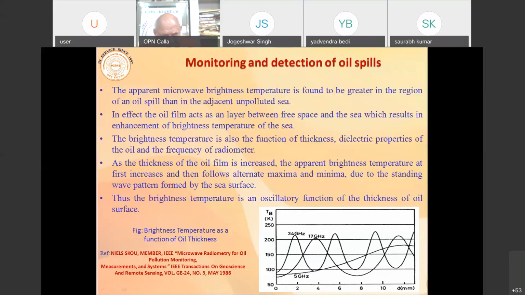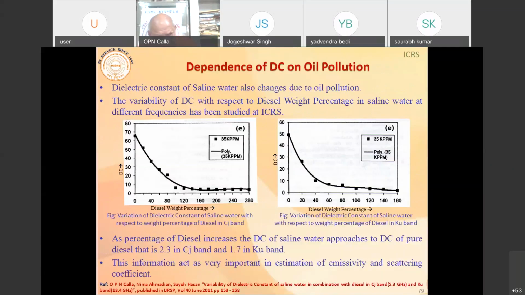We have done a study and plotted the graph by weight percentage of oil, diesel, and the dielectric constant. Pure water has a higher dielectric constant, and as the quantity increases, the dielectric constant goes down. The same thing here also.